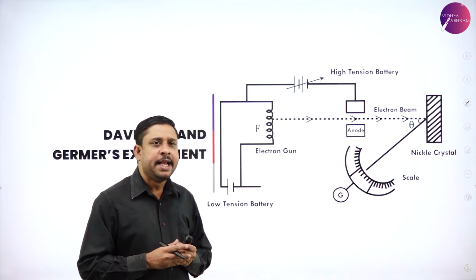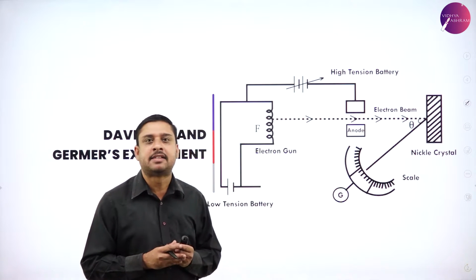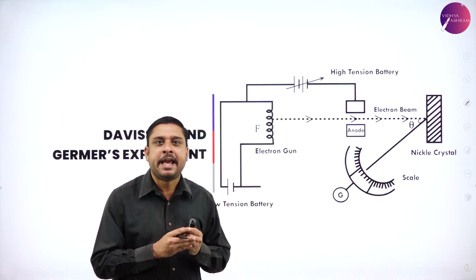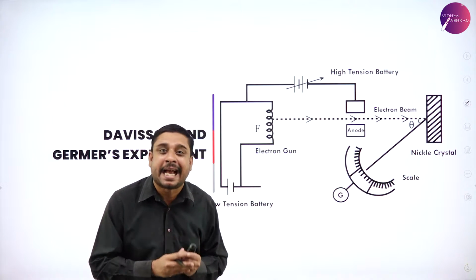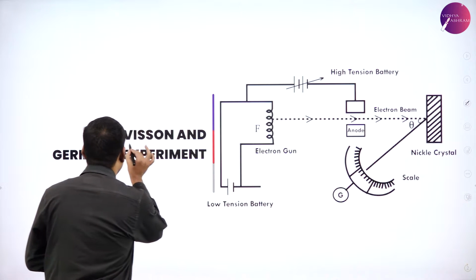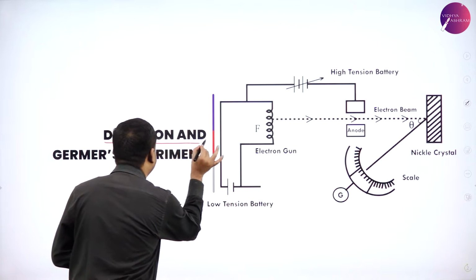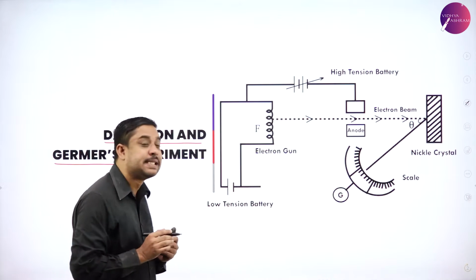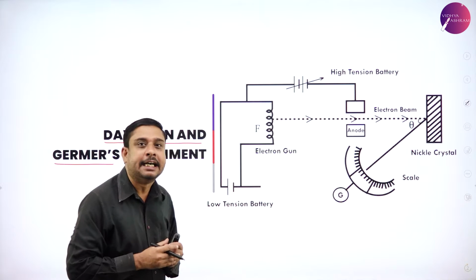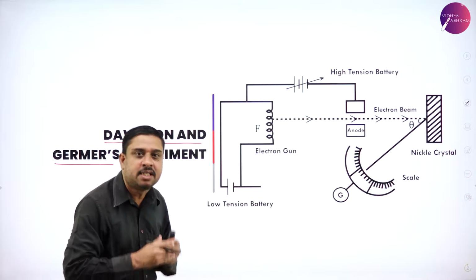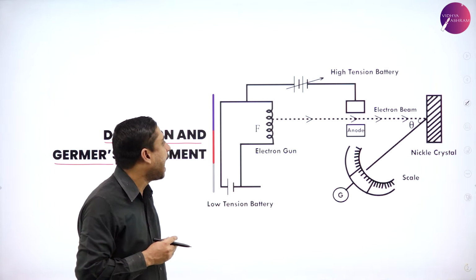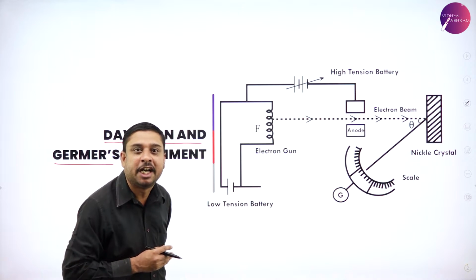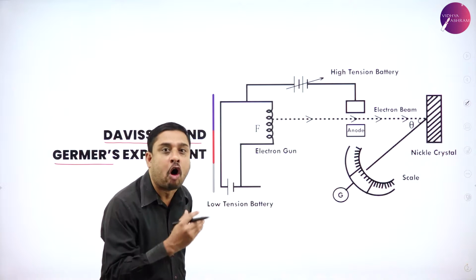So, in today's class, we will learn a very important, very classical experiment called Davisson and Germer's experiment, which establishes the wave nature of electrons.